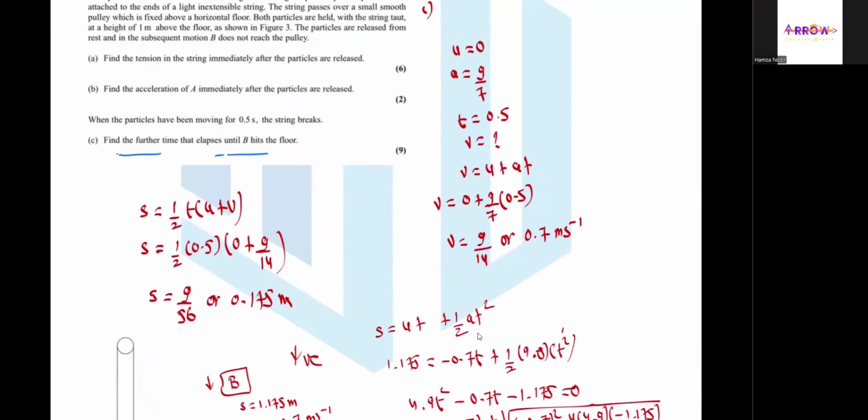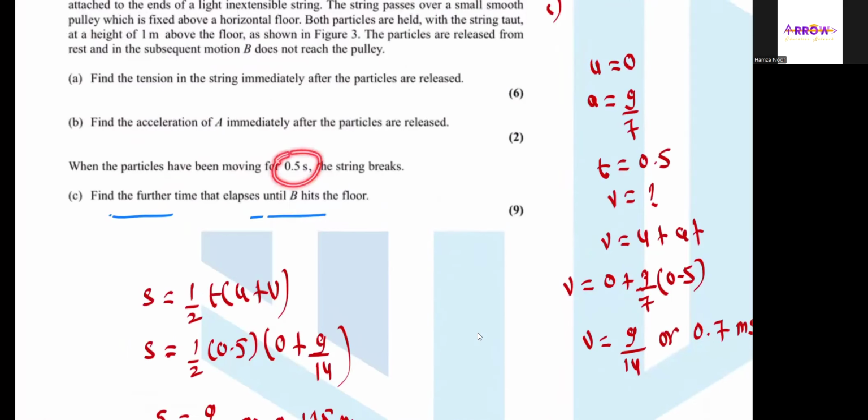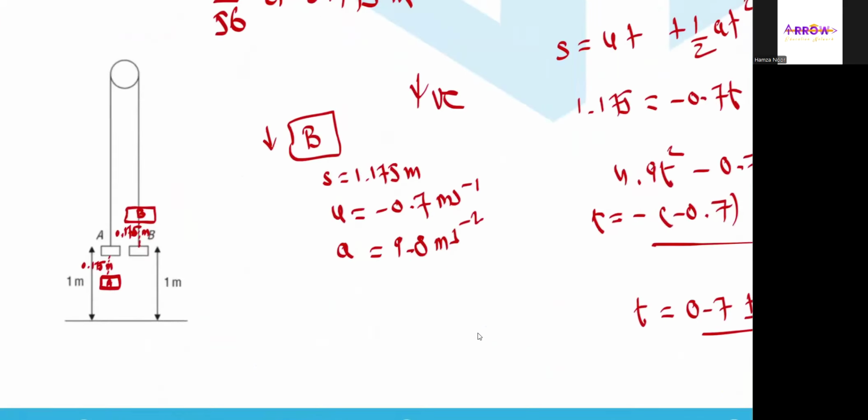So it was a weak system. After the system was released from rest and after 0.5 seconds, the string breaks. So the further time that elapses until B hits the floor is basically the total duration which particle B takes before hitting the floor.